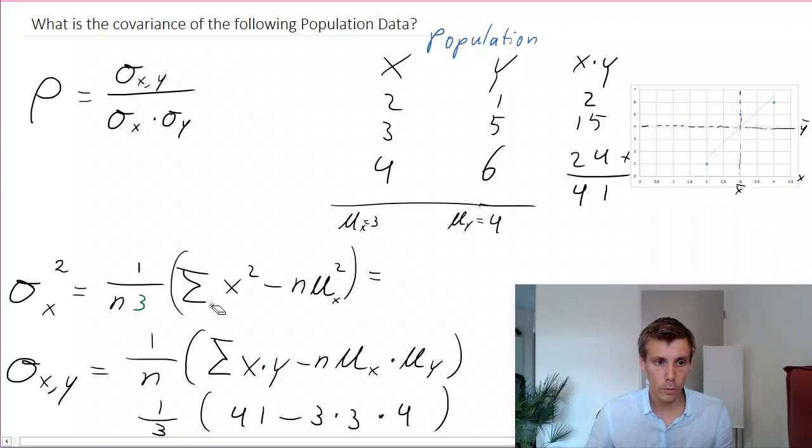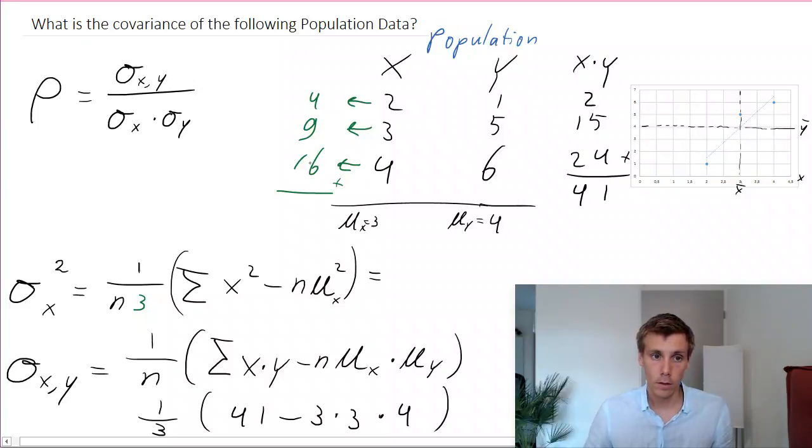And you get here the summation of x squared, so 2 squared will be 4, 3 squared will be 9, and 4 squared will be 16. And if you sum them up, you will get 29. So this piece will be 29 minus 3 times 3 squared.